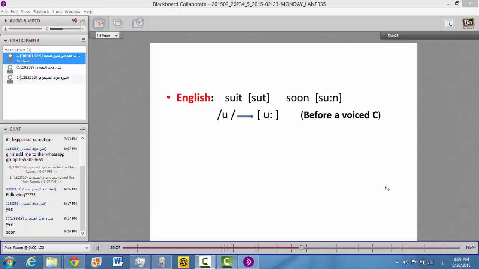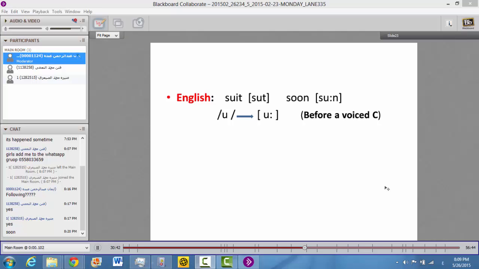So here the oo is lengthened because it occurs before a voiced consonant. Here the ta is voiceless, but the na is voiced. So often we lengthen the vowel whenever it occurs before a voiced consonant. On the other hand, the vowel is shortened if it occurs before a voiceless consonant.